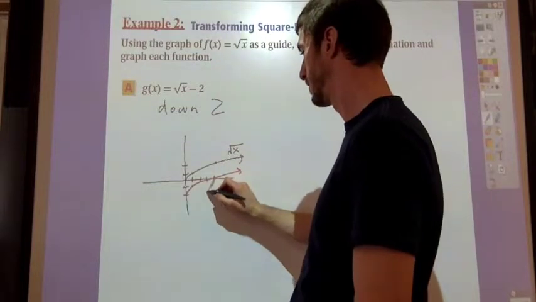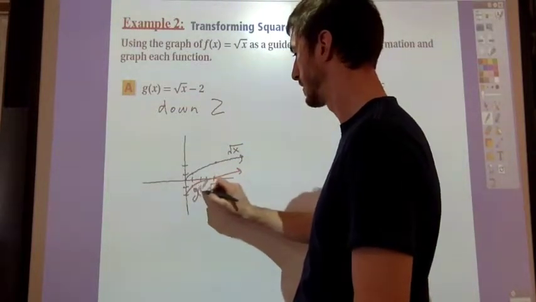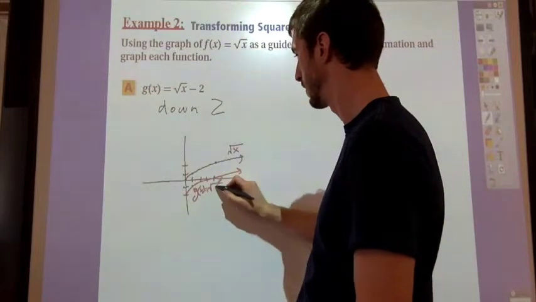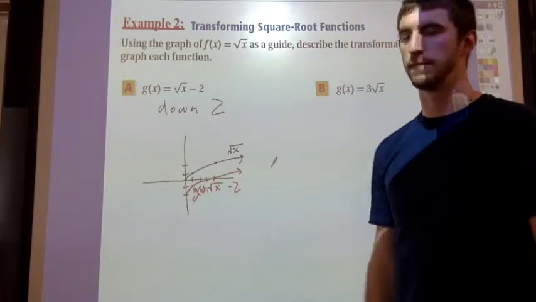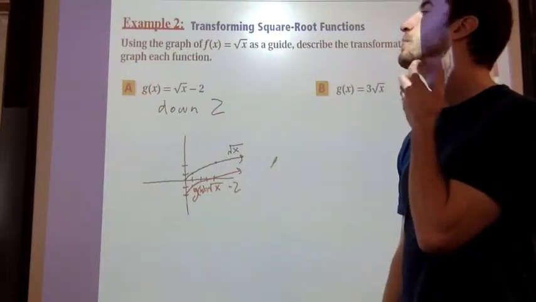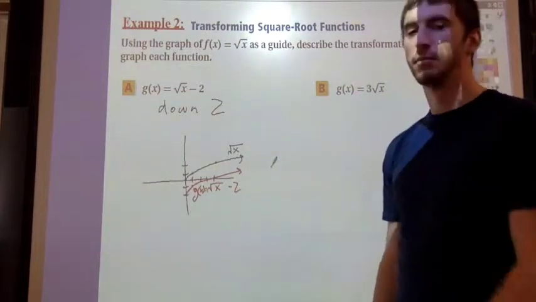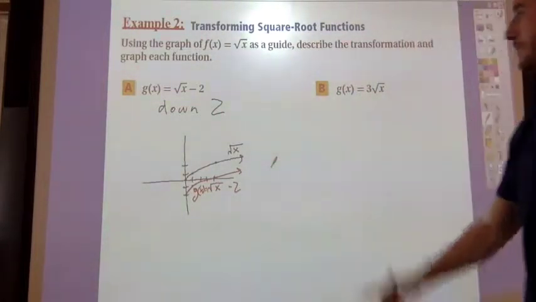And this is g of x equals the square root of x minus 2. Looks like that. It doesn't want us to describe the domain and range, but I encourage you to think about what that would be if it did ask for it.